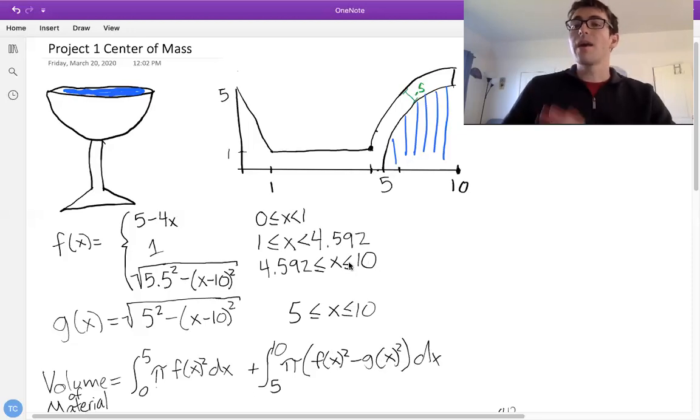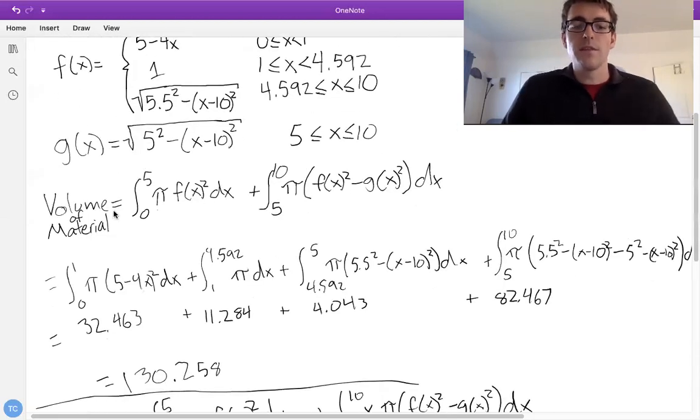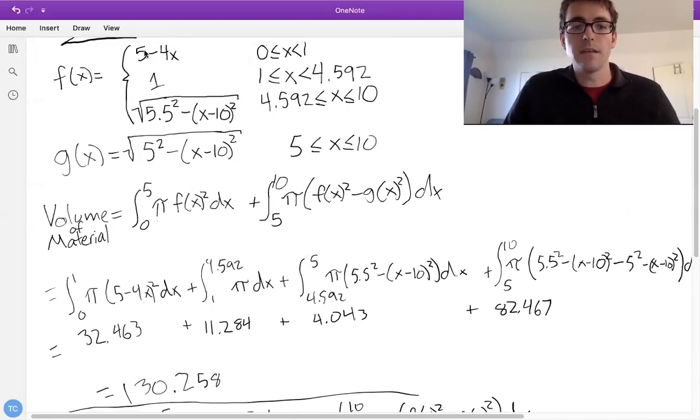If we actually want to calculate this volume number, we want to know what these things are. Because f of x is a piecewise function, it's easiest to break this integral up into its separate regions. f of x is defined to be this piece on a certain region, so we integrate over that interval of pi times the function squared dx.